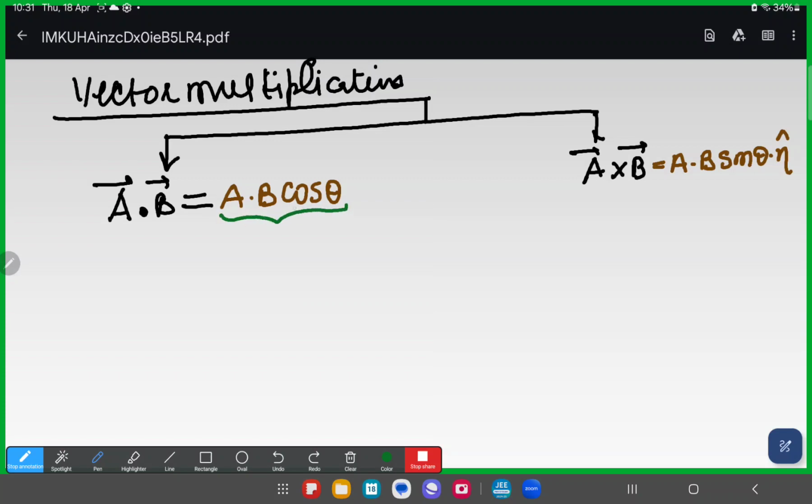Here it is only magnitude, hence it is called a scalar product, whereas there's magnitude and direction, hence it is called a vector product.